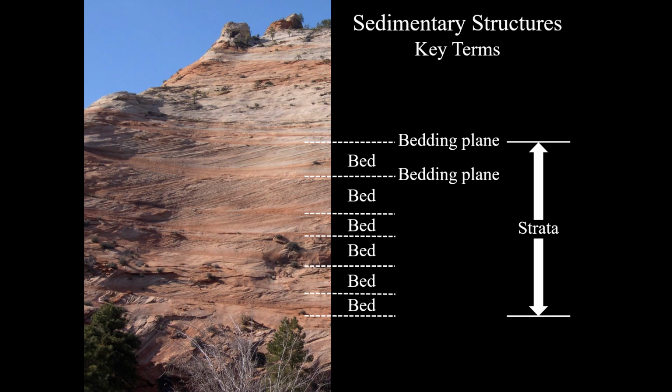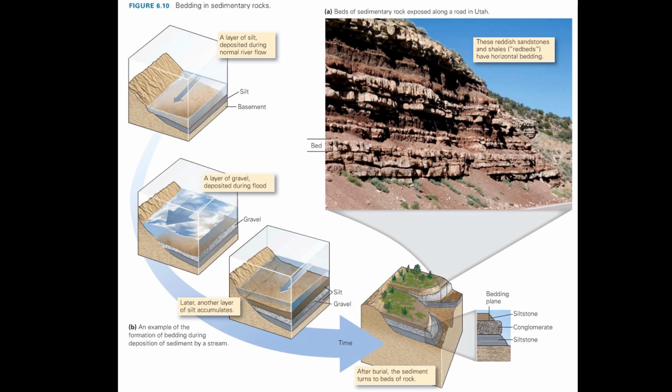And you can see these individual beds of this very sloping sediment, and then there's bedding planes that clearly denote one bed from the next. And then all together, this group that has these distinct angular beds, we would call a strata. And this is a past environment that's indicative of sand dunes.